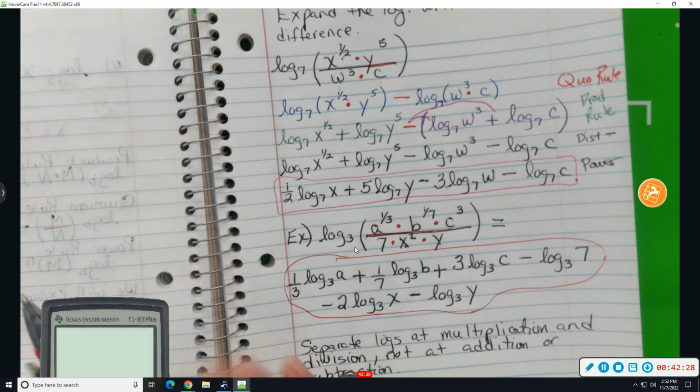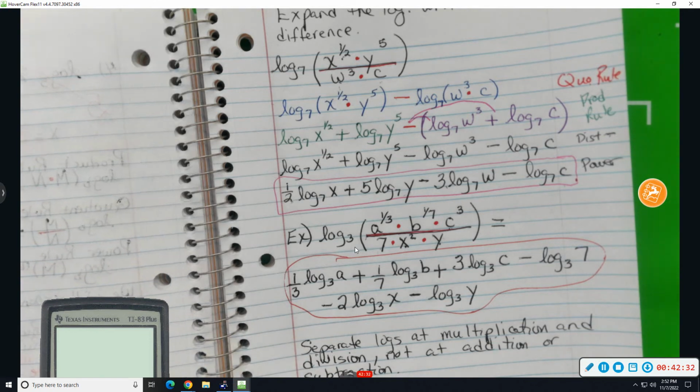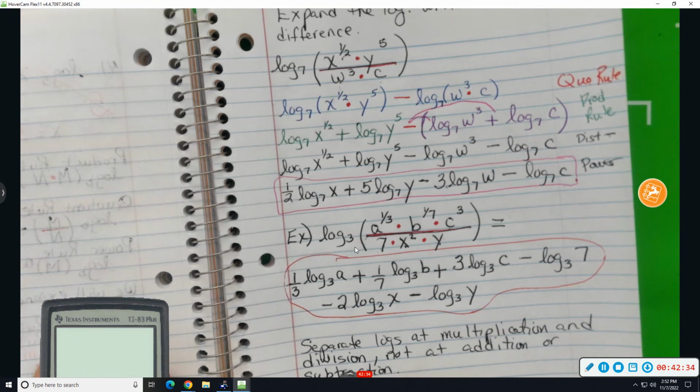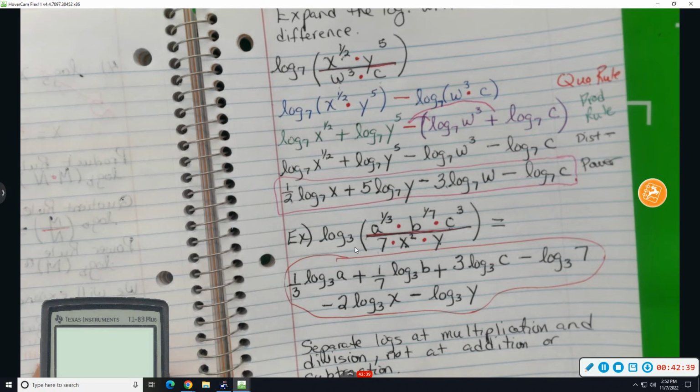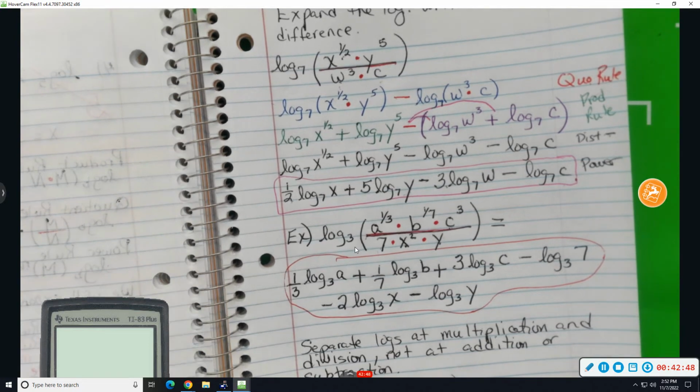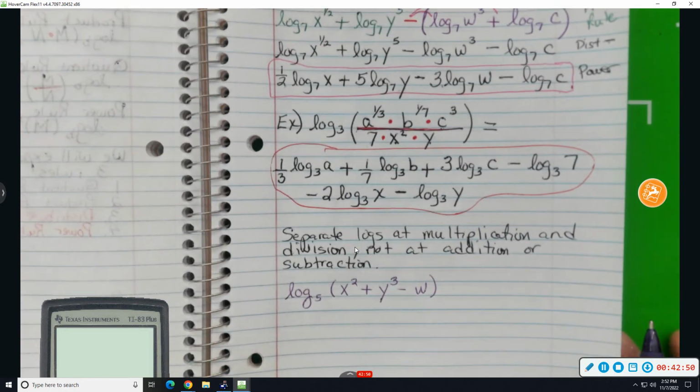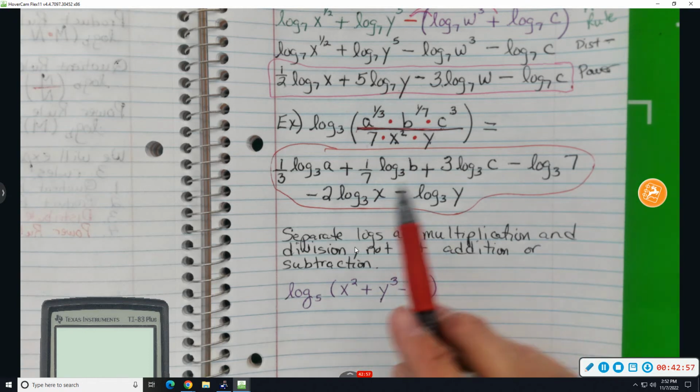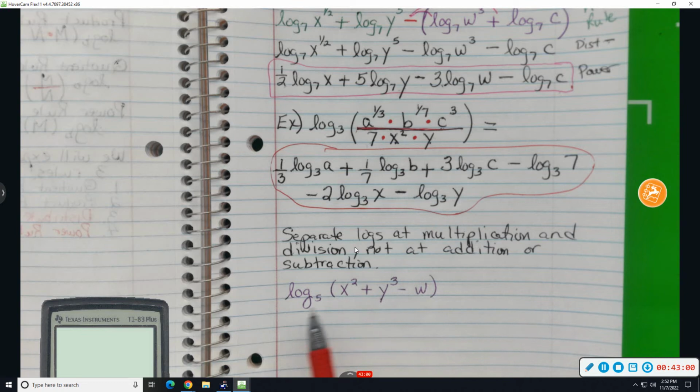It's possible you might have some logarithms that just can't be expanded. Okay? For example, if I had this, log base 5 of x squared plus y cubed minus b, sorry about that. Can I do my little red dots here on this one?